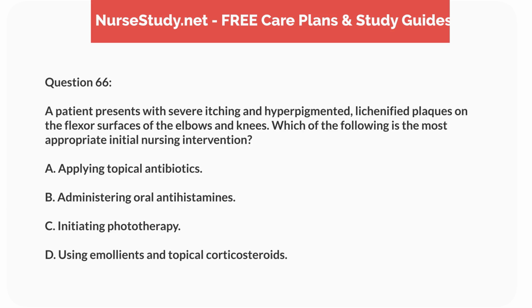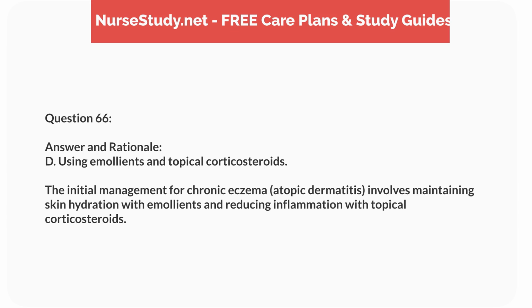C. Initiating phototherapy. D. Using emollients and topical corticosteroids. Answer and rationale. D. Using emollients and topical corticosteroids. The initial management for chronic eczema, atopic dermatitis, involves maintaining skin hydration with emollients and reducing inflammation with topical corticosteroids.